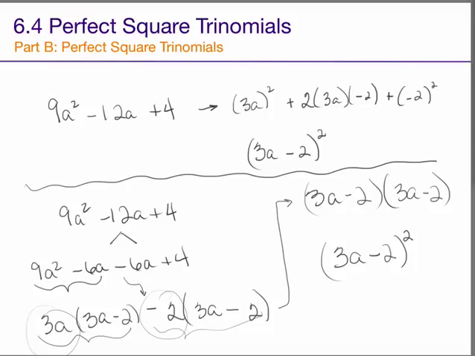This whole section, 6.4, the difference of two squares and perfect square trinomials, are just exercises in a couple of special cases. The thing I'd really like you to take away from this section is that there are some special cases, but that you can factor them using the same techniques as you use for any other trinomials.